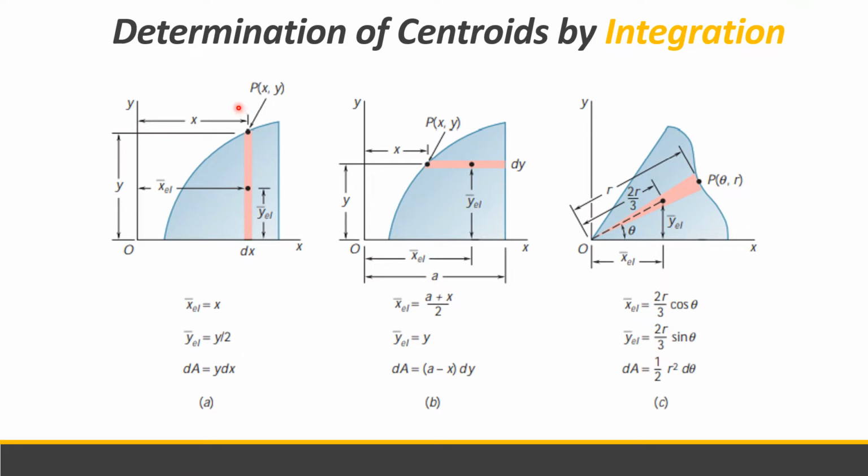So kukuha tayo ng vertical strip, and then determine natin yung area niya, yung y bar, yung area, then yung mga coordinates. And then, depending on the shape or structure ng area natin, we can also use horizontal strip. So, horizontal strip, we will also get the x bar el, y bar el, and the area.